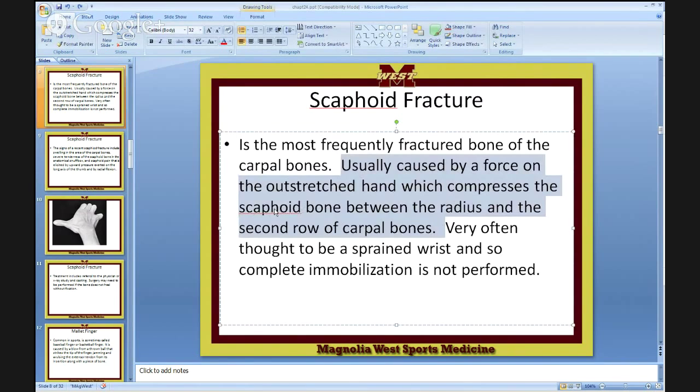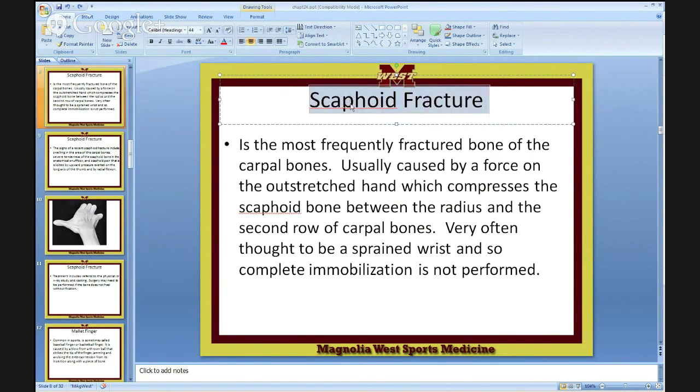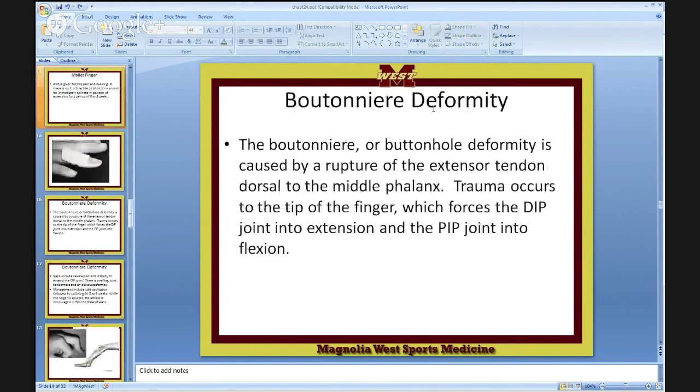Looks to me like it says scaphoid. Still on number 8, with a blank, it is very often thought to be a sprained wrist, and so complete immobilization is not performed with a scaphoid fracture. Not a radial, not an ulnar, and not a gamekeeper's fracture. All right.